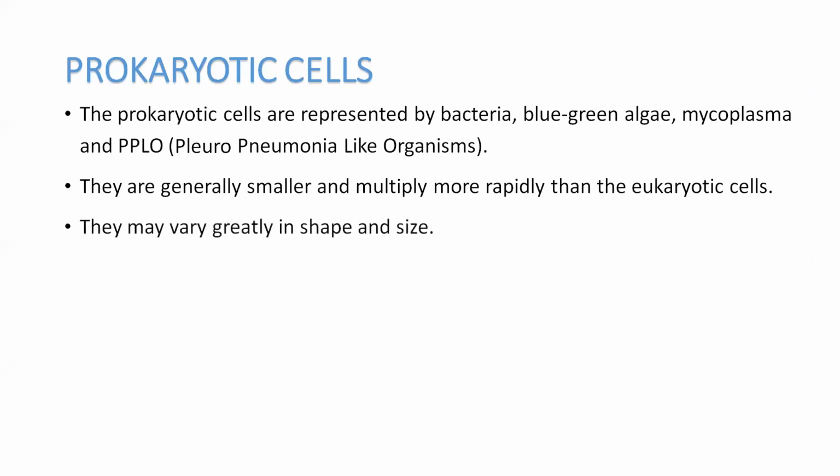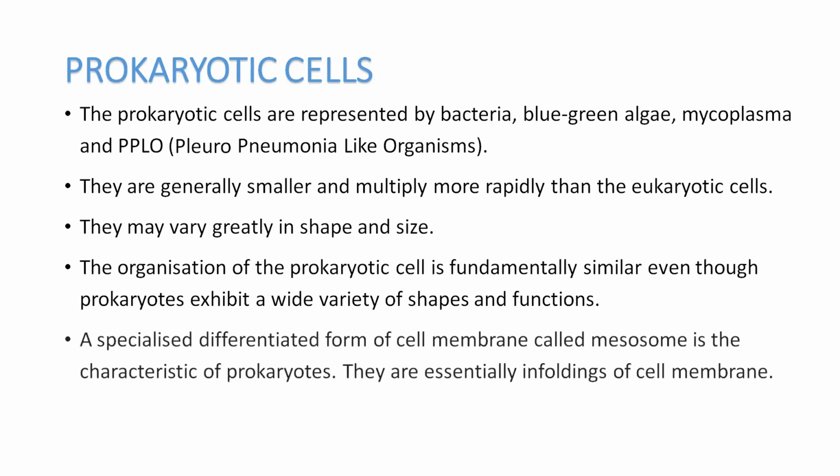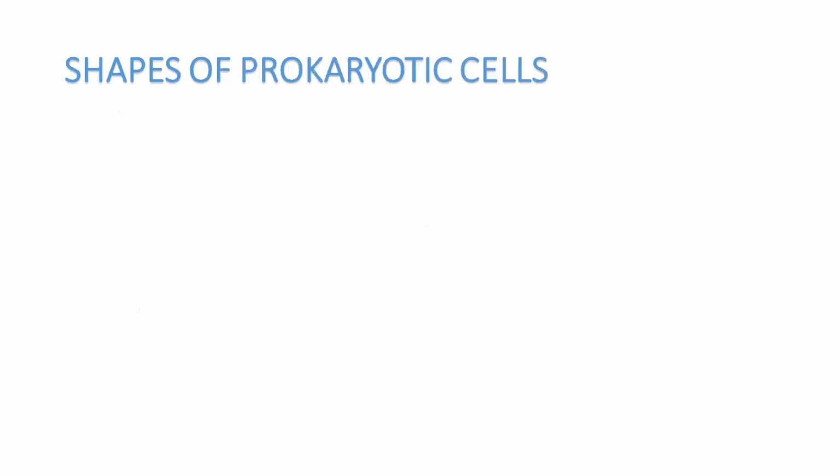They have different sizes and shapes, and we have seen the classification of size and shape also, right? As it is a single cell, there is no cellular organization, only a difference in size, shape and function. There is also an internalization of the membranes. These membrane enfoldings are called mesosomes, right?